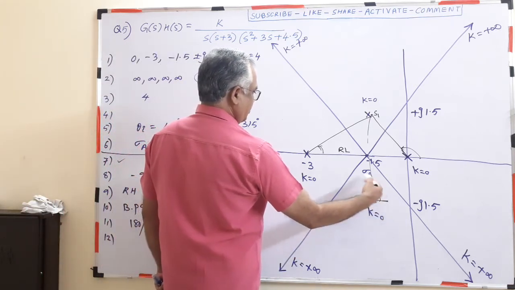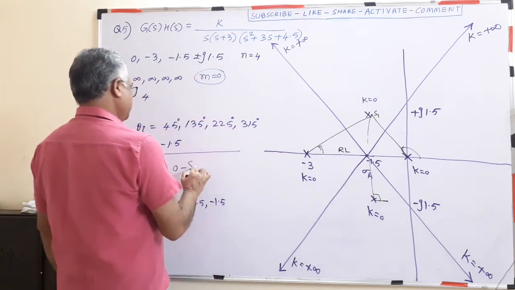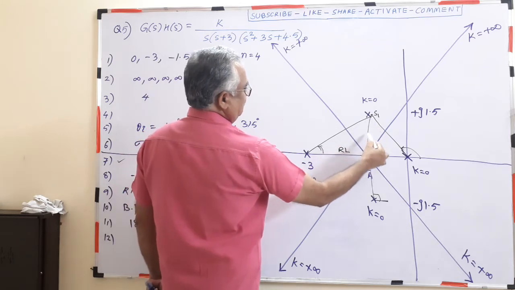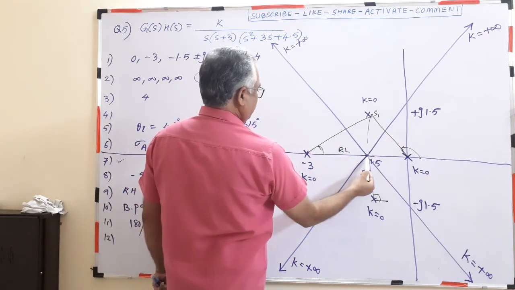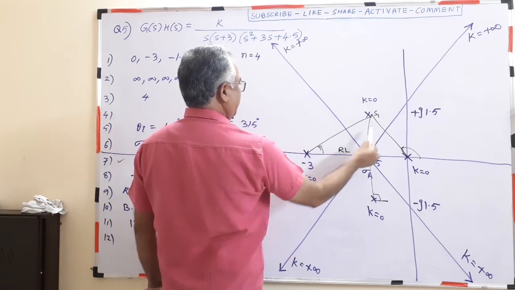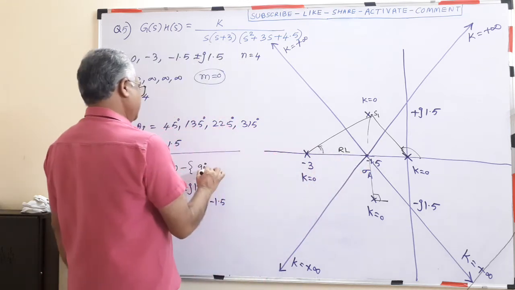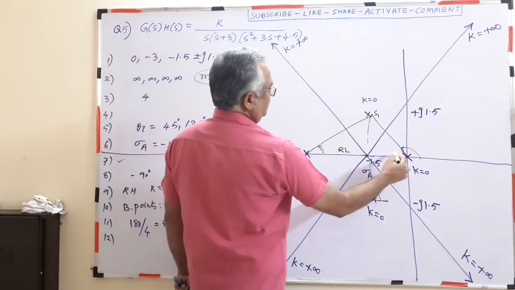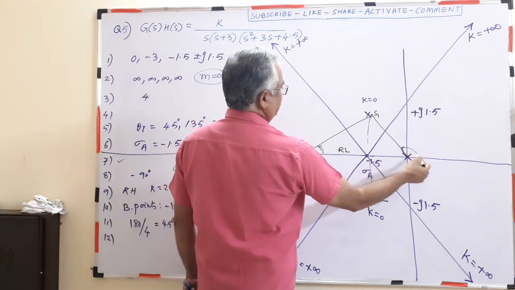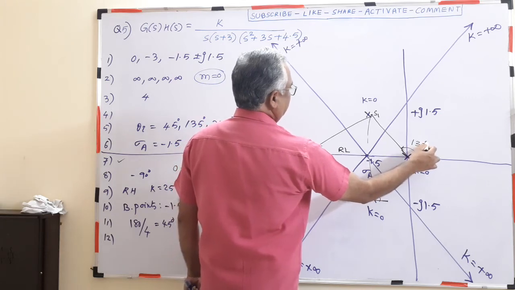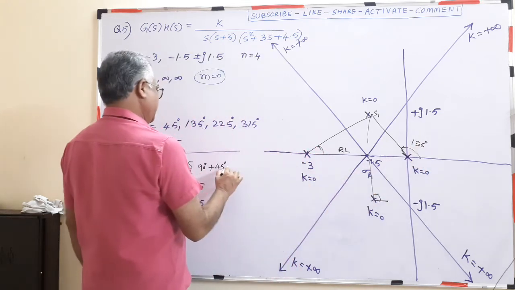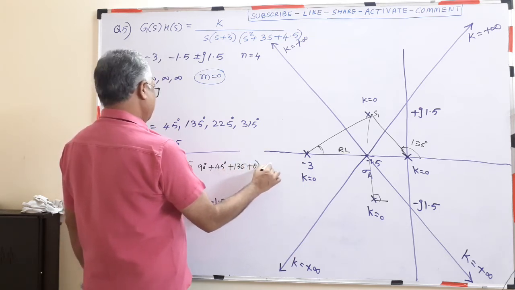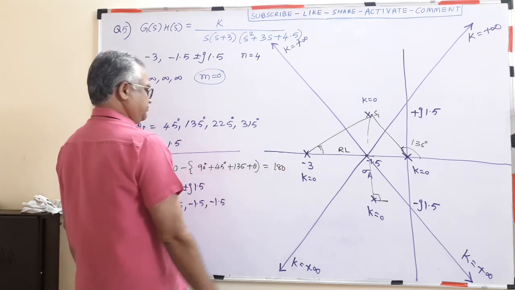So it is counterclockwise positive, so 90 degrees, and this is 1.5, this is again 1.5, tan inverse of 1.5 by 1.5, so 45 degrees. And then this is also 45, 180 minus 45, 135. So plus 135, plus theta equal to 180 degrees.